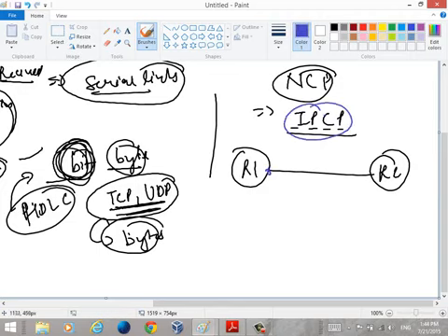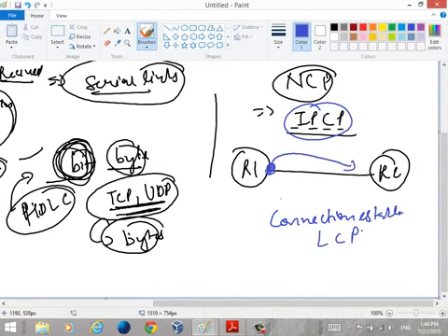After the connection is established by LCP, R1 will tell its own interface IP to R2, and R2 will install that IP address in its routing table. R2 will tell its own interface IP to R1, and R1 will install that IP address in its routing table.